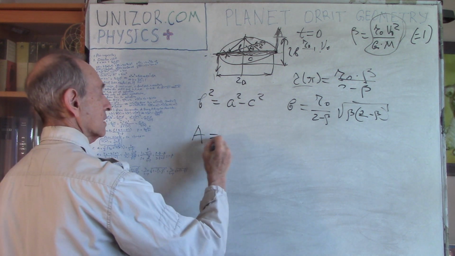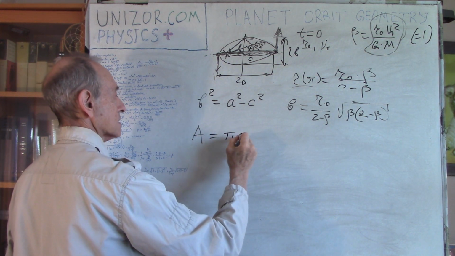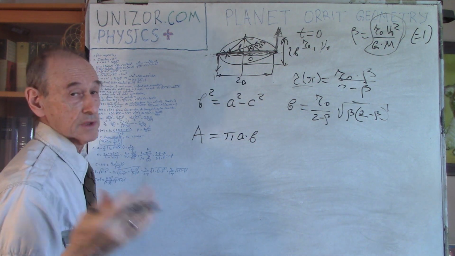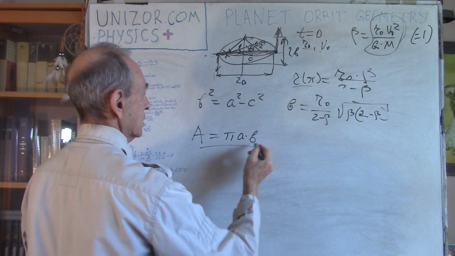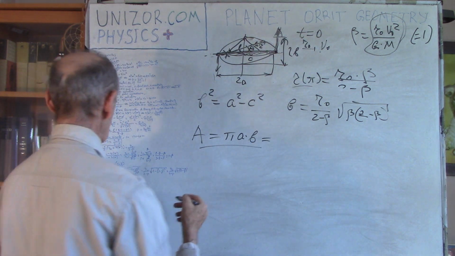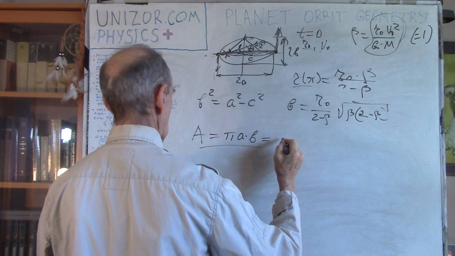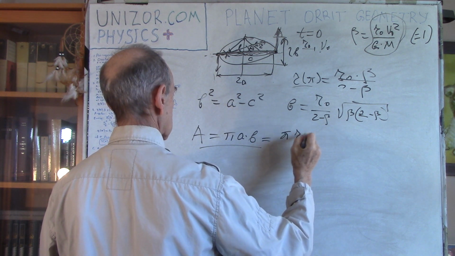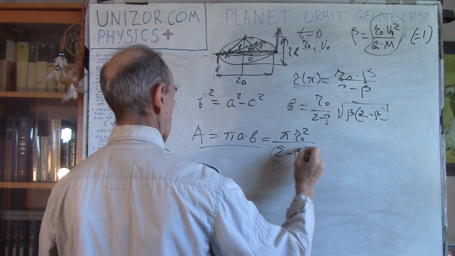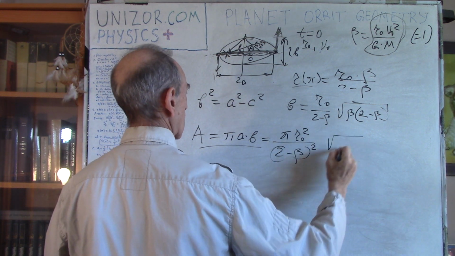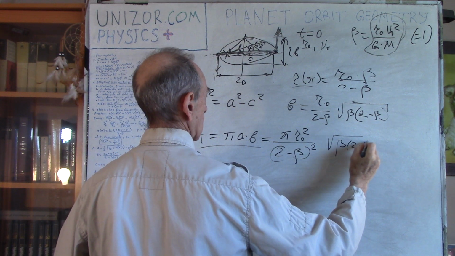Now, area of the ellipse, we know about this, A times B. It's one of the lectures, by the way, about ellipse. So from here we can derive the area, and the area is equal to pi r0 square divided by 2 minus beta square, and square root of beta times 2 minus beta.